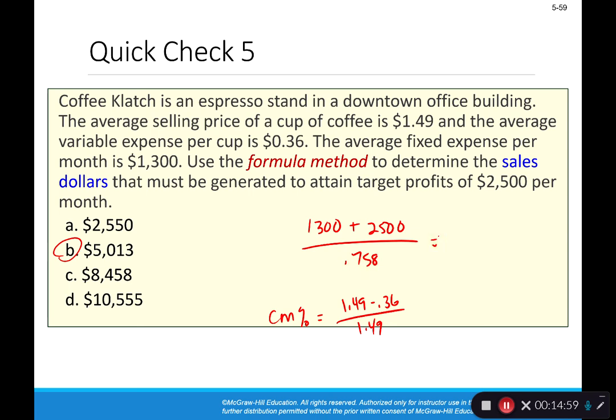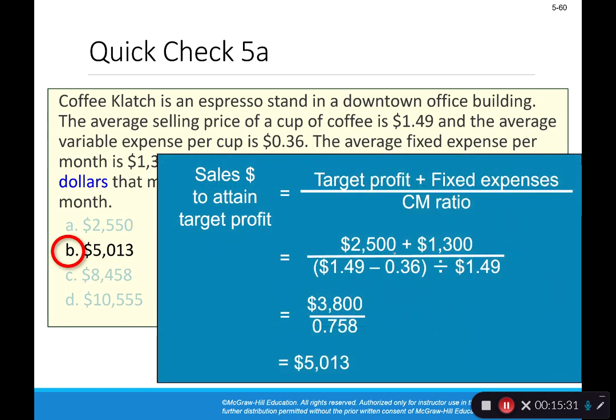And when I do out my math, 1,300 plus 2,500 divided by 0.758, I get 5013. Again, the reason it's a little different, we got 5011 by multiplying units by the selling price. The reason we're $2 off is just rounding, because this 0.758 isn't really 0.758, it's 0.758 something, something, something. So when we round, we're going to be off a little bit. Here it is, all nice and pretty, 5013.